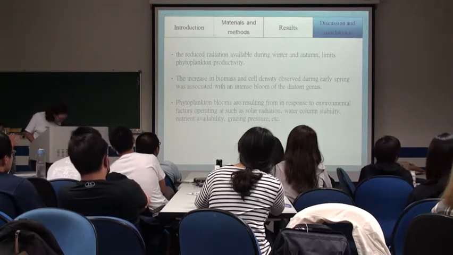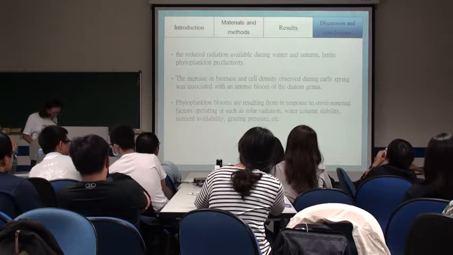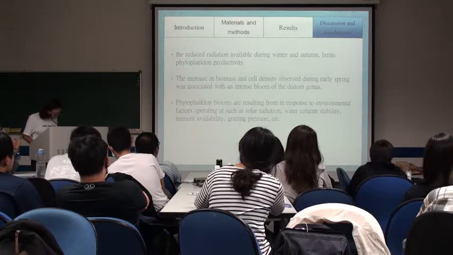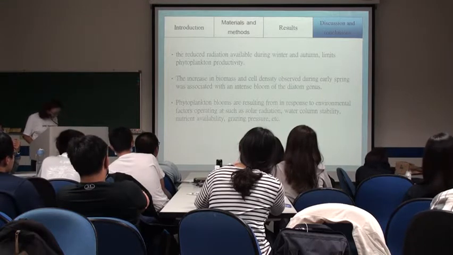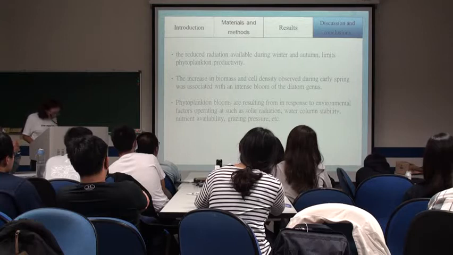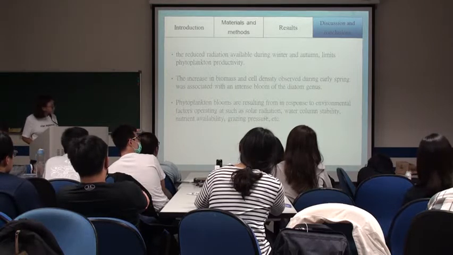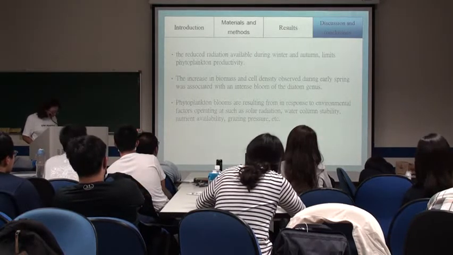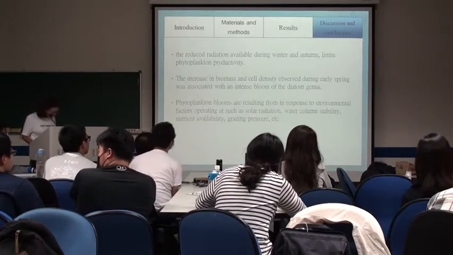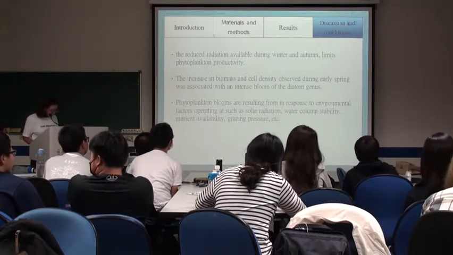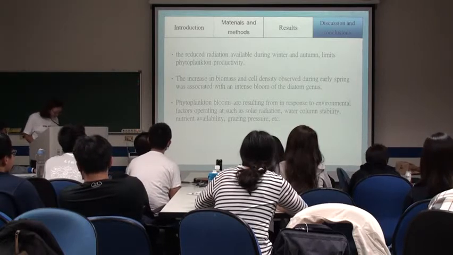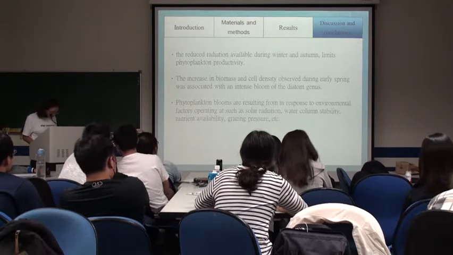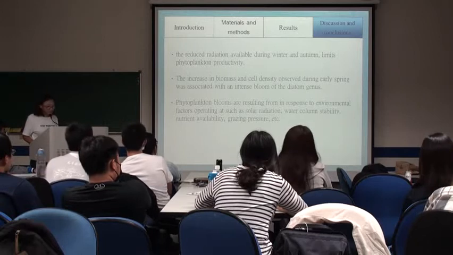Phytoplankton blooms result from a response to environmental physical conditions such as solar radiation, water column stability, nutrient availability, and interactions with each other.